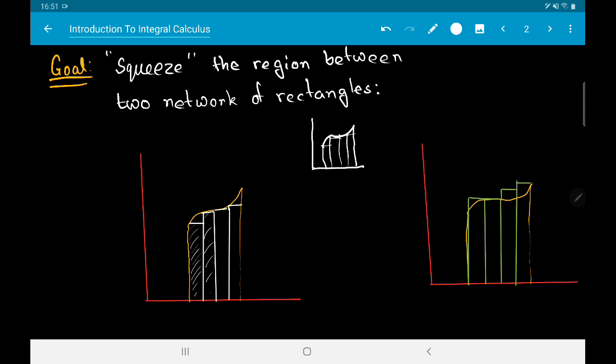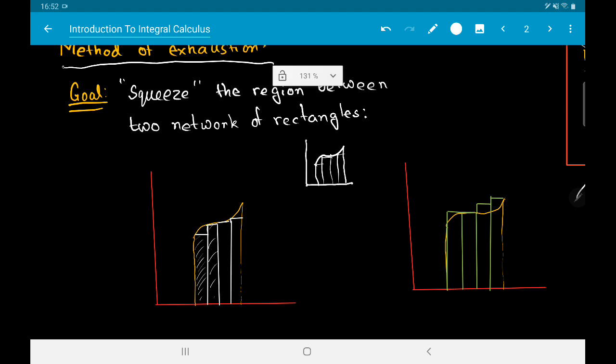Network is a colloquial word for the union of all these rectangles, and of course we will always make sure that the rectangles that we take intersect each other only at boundary points. So in principle, we are going to construct two networks of rectangles.